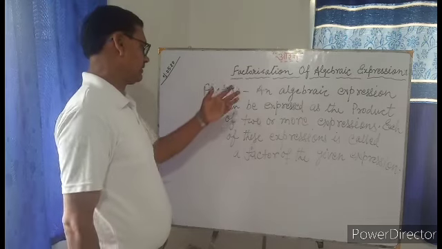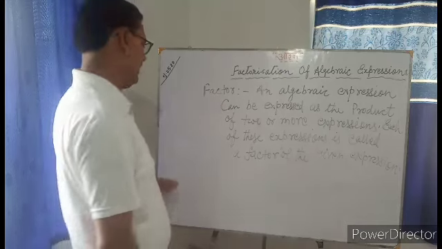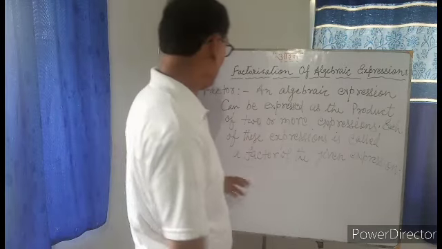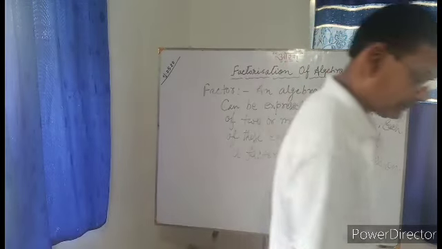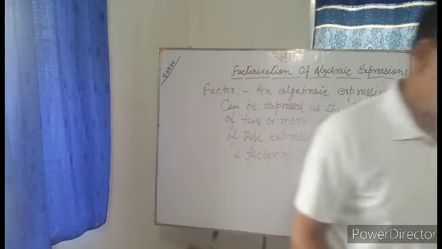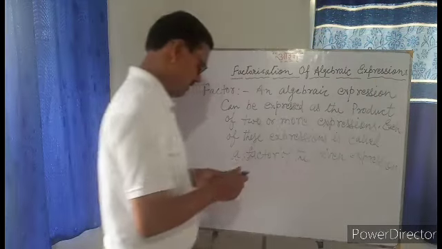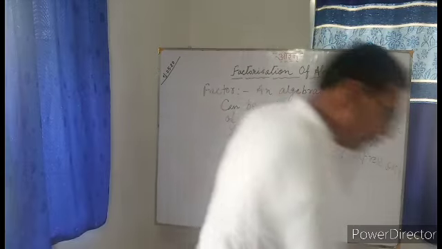An algebraic expression can be expressed as the product of two or more expressions. Each of these expressions is called a factor of the given expression. What does it mean? Let us see it very clearly.